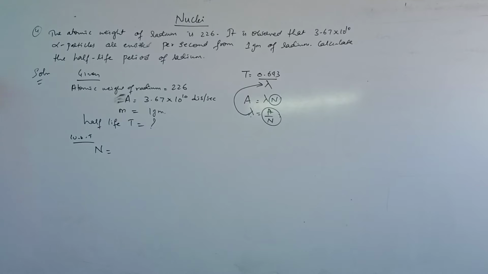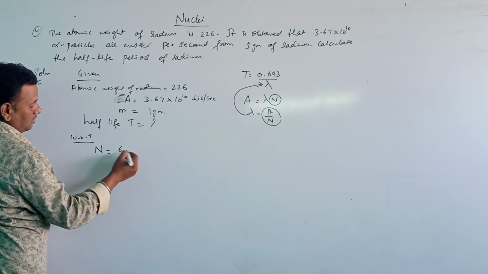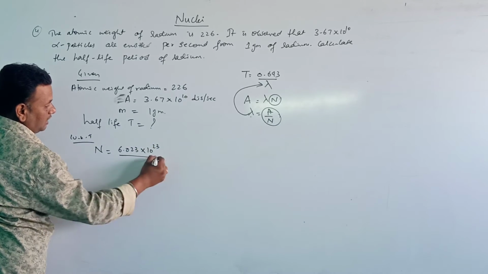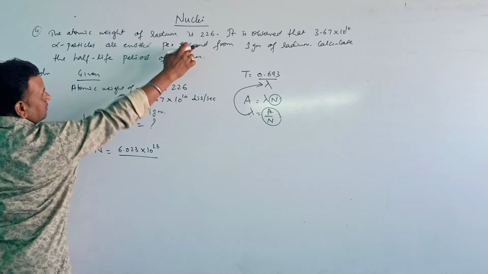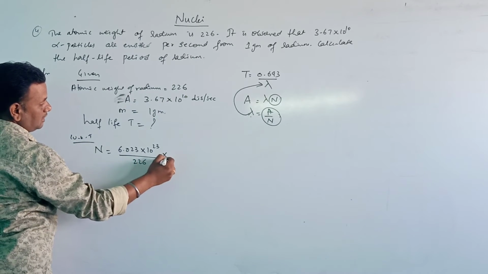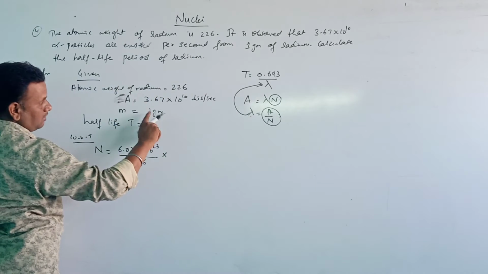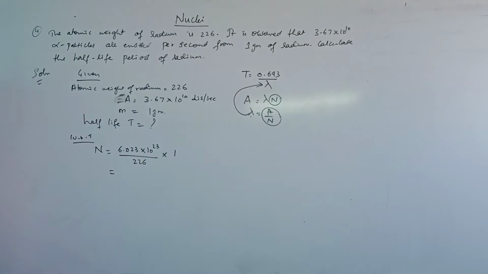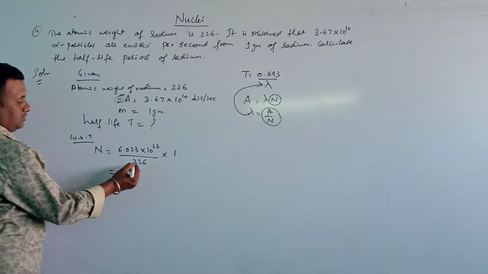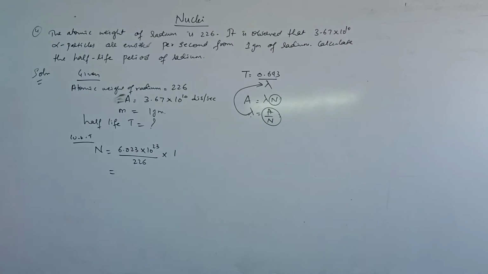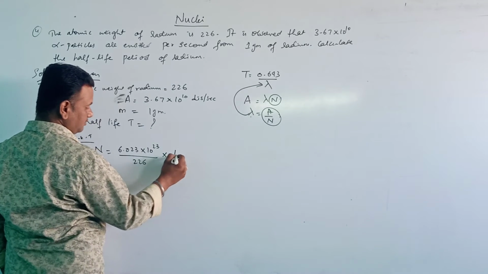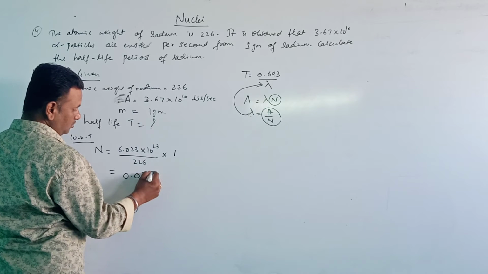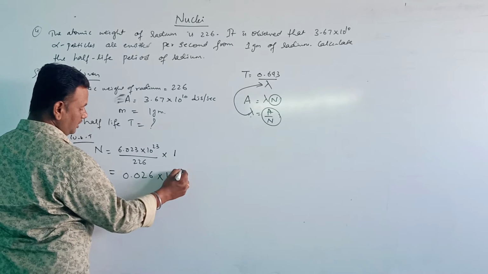Now to find this n value, n is equal to Avogadro number, 6.023 into 10 to the power of 23, divided by atomic weight, which is 226, into mass, 1 gram. So we take 1 here. Now if you divide, 6.023 divided by 226, you get 0.026 into 10 to the power of 23.